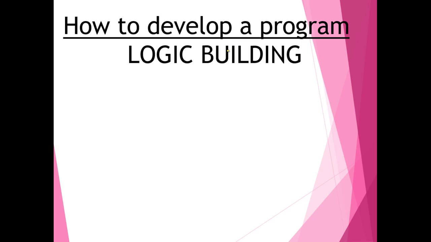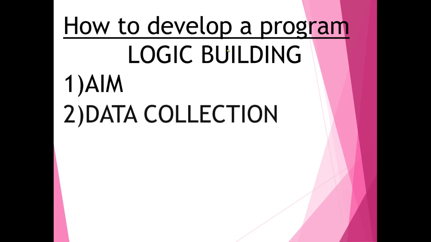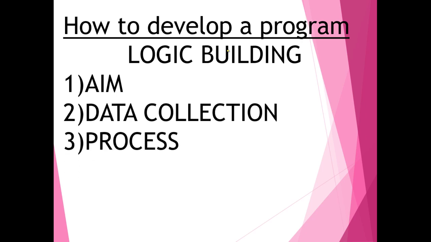What are those stages? The first step is aim, the second step is data collection, the third step is process, and the fourth one is the result. So the logic building procedure of a particular question is divided into these four stages: aim, data collection, process, and result.